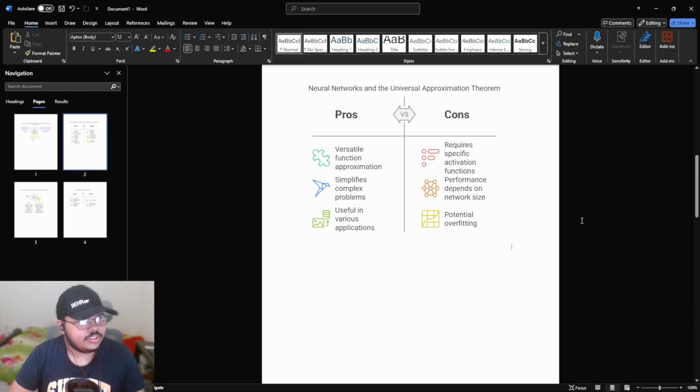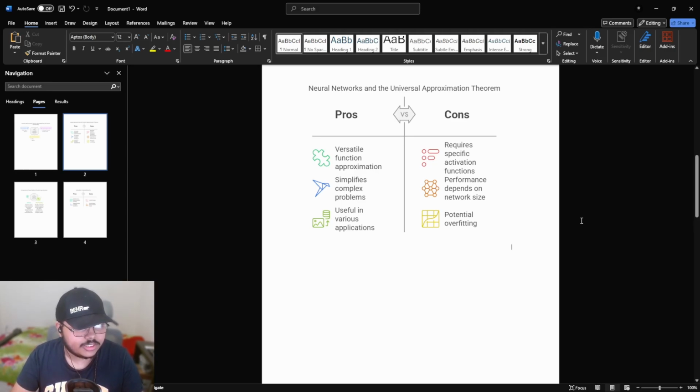Okay, so some pros and cons to neural networks and the universal approximation theorem. Some of the pros include the fact that it's versatile: there's versatile function approximation, it simplifies complex problems, and it's also useful in various applications. Okay, so what are some of the cons, you may ask?